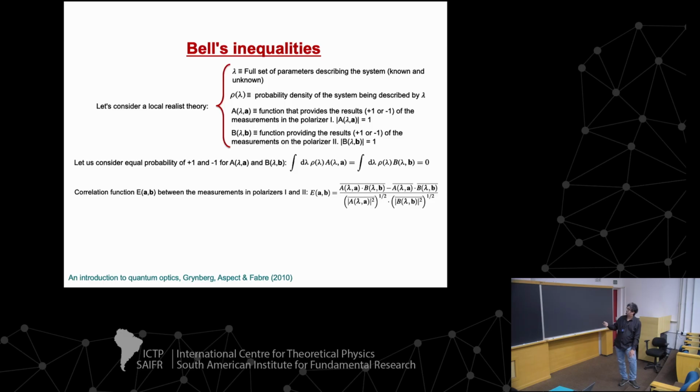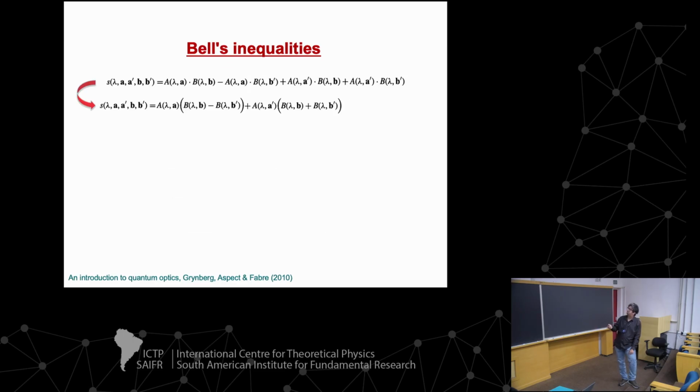The modulus of this normalization factor is 1, because your measurement is just +1 or -1, and we have these averages to be 0. That's what we chose, we tuned the system to be like this. So you get this simpler case where your correlation function is just the average of the product of the 2 measurements, which you can write as an integral with the probability density of having this set of parameters.